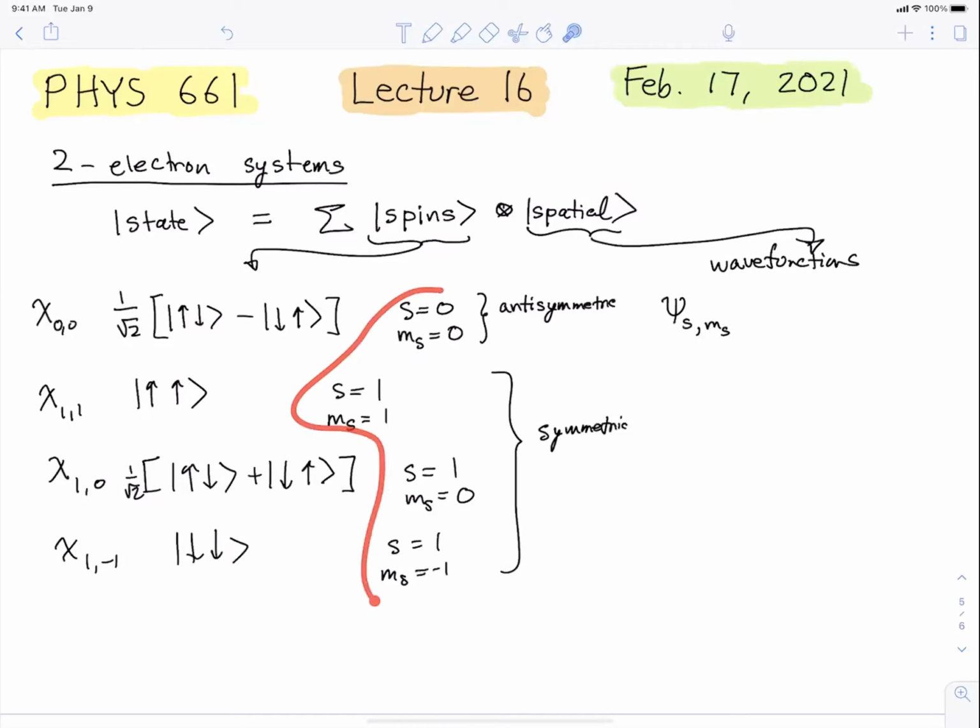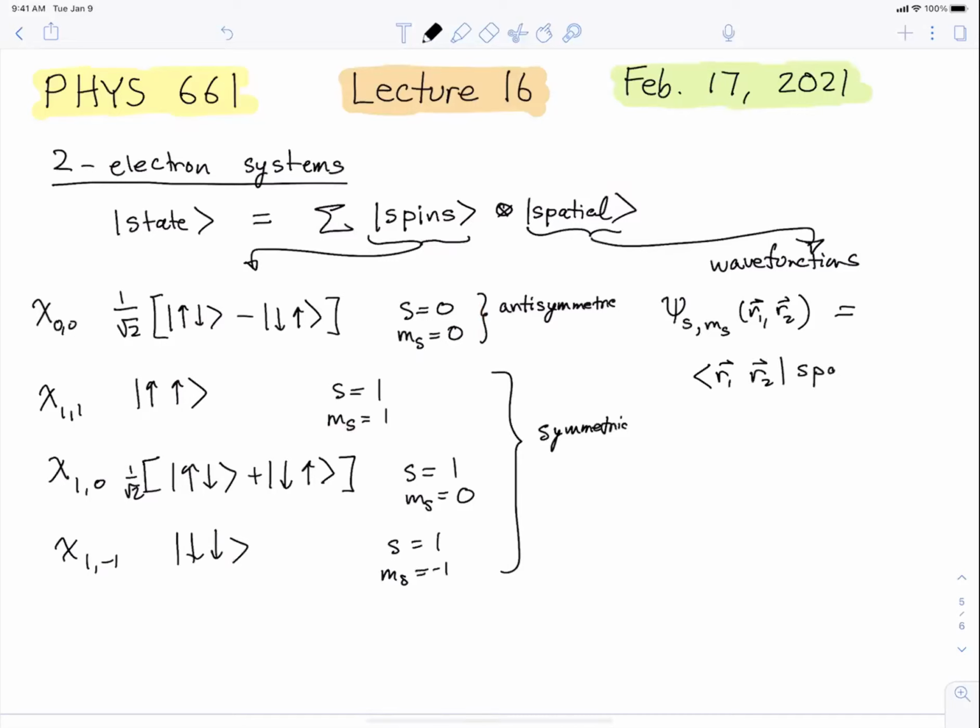And so if we have a wave function that depends on the spatial coordinates of the 2 electrons, that we can write as usual, the matrix element of the position eigenstates with the spatial part.